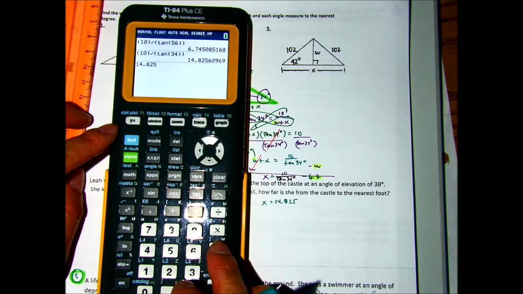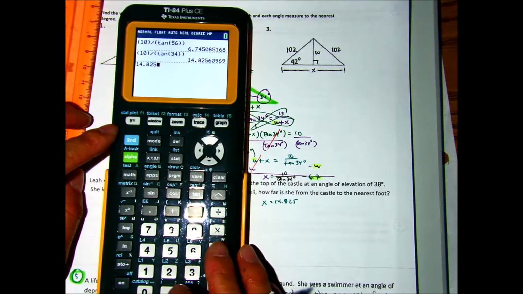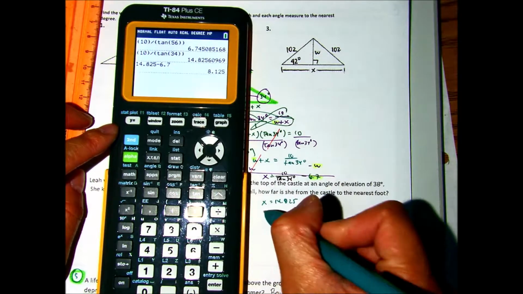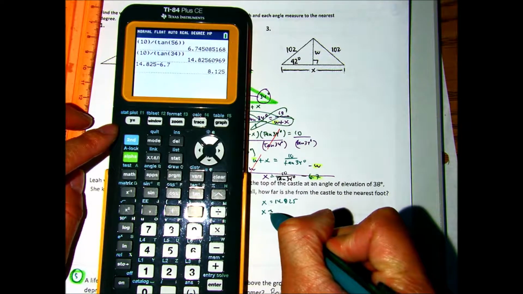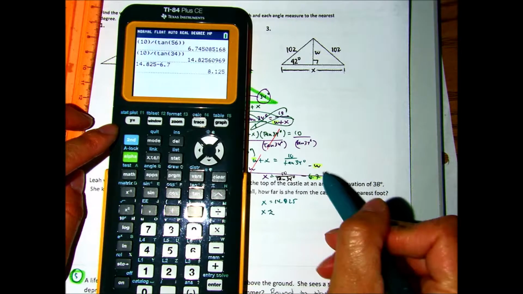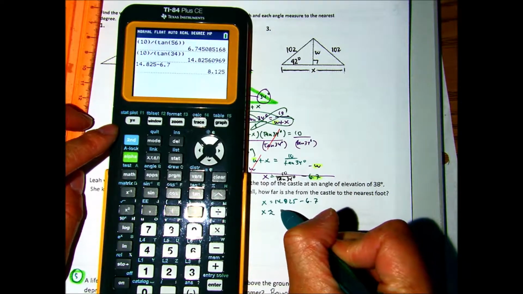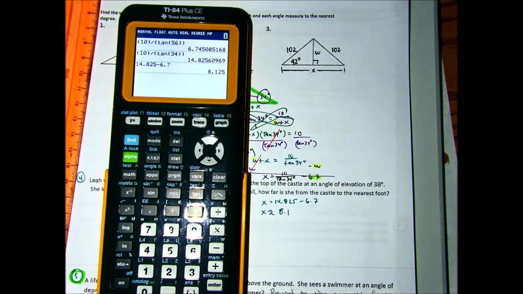Or I could just take my answer and subtract from 6.7, and I get approximately 8.1. Raise your hand if you got that answer.